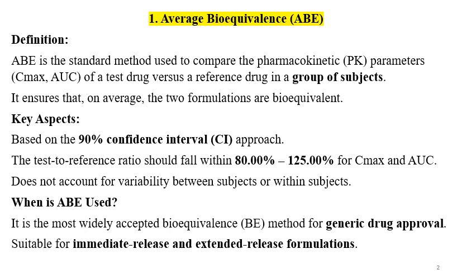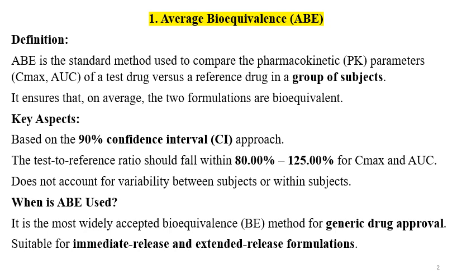This average bioequivalence ensures that on average the two formulations are bioequivalent, or the two formulations pass the BE criteria. Key aspects of average bioequivalence: it is based on the 90% confidence interval approach, that is 90% CI approach. The test to reference ratio should fall within the standard limit of bioequivalence, that is 80 to 125% for Cmax and AUC.